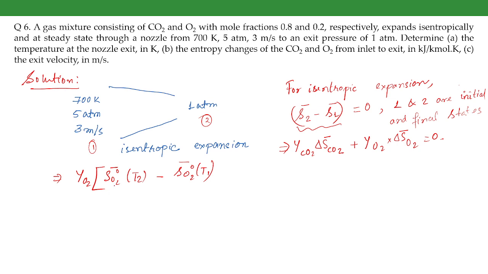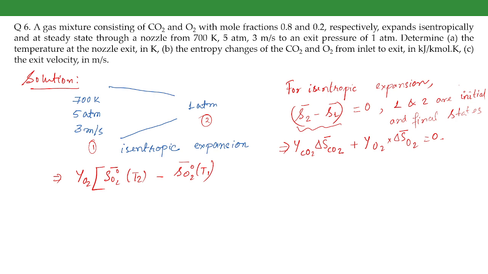These are the ideal gas property values of oxygen corresponding to the temperature. At 0 Kelvin, we consider the entropy of all of these gases to be 0. So if there is only a change in the temperature without any change in the pressure, as the temperature changes from 0 Kelvin to a value of T2, here we don't know T2, T1 we know to be 700 Kelvin.